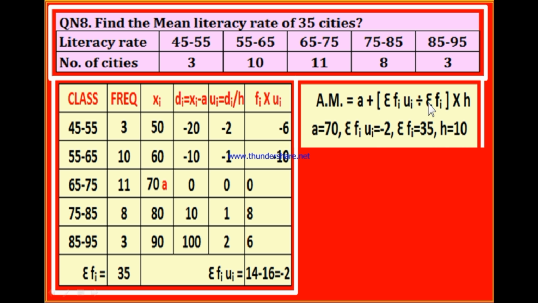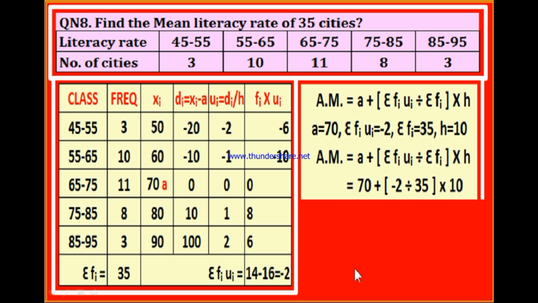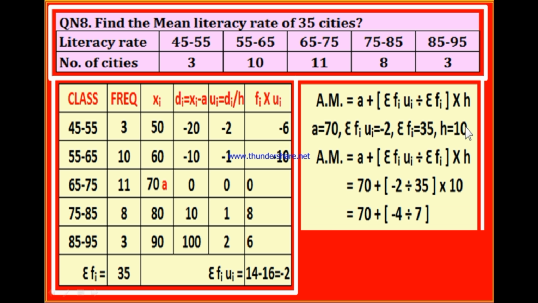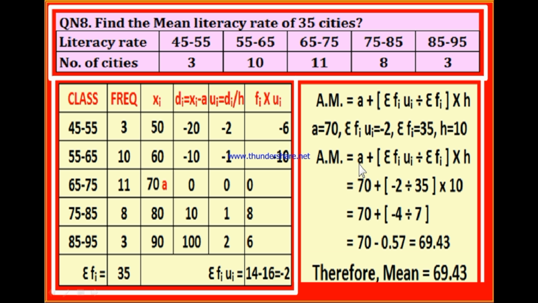This is the formula to find arithmetic mean using step deviation method. From this table we know that a is equal to 70, sigma fi ui is equal to minus 2, sigma fi is equal to 35 and h, height of the class, is 10. We wrote all these values, and we substitute these values one by one.